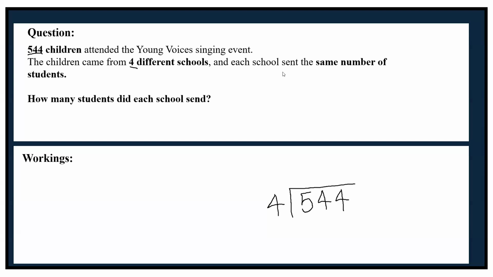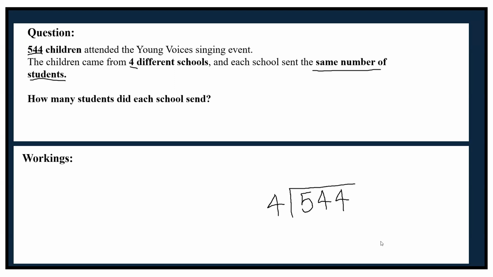Okay, and why do you think it says this bit? Each school sent the same number of students. What was the point of adding that to the question? So if you didn't say same number of students, it might have been a different one, so it'd be hard. But same number, you divide it equally.